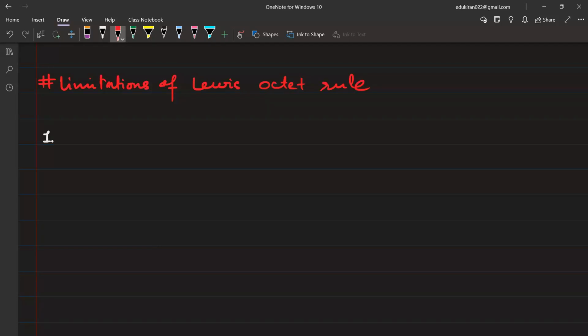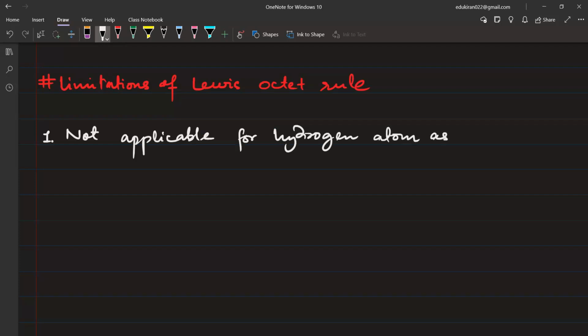Okay, number one: not applicable for hydrogen atom, as it can accommodate only 2 electrons.